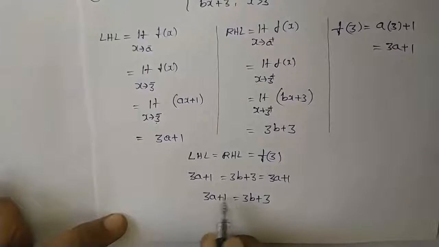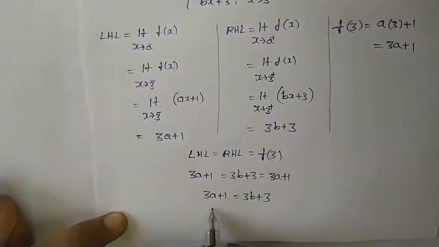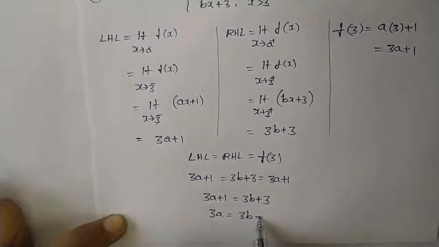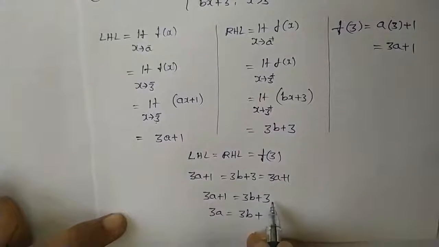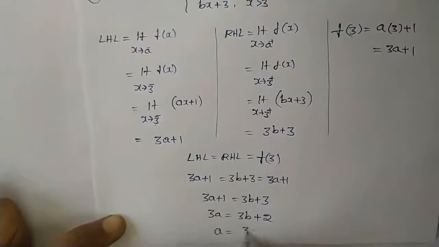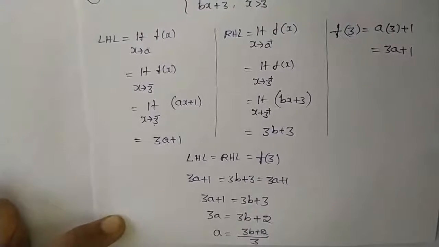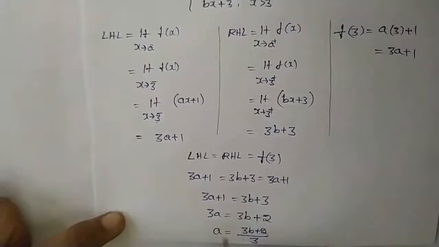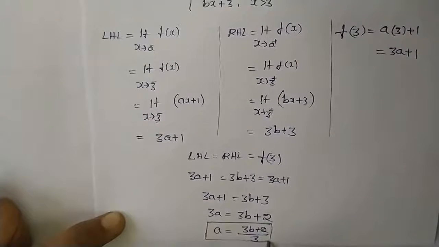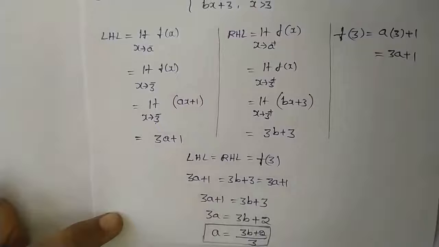If we take this plus 1 to the right, it becomes minus 1. 3 minus 1 is 2. So a equals (3b plus 2) divided by 3. Hence it is the relation between a and b. It is the solution for the question.